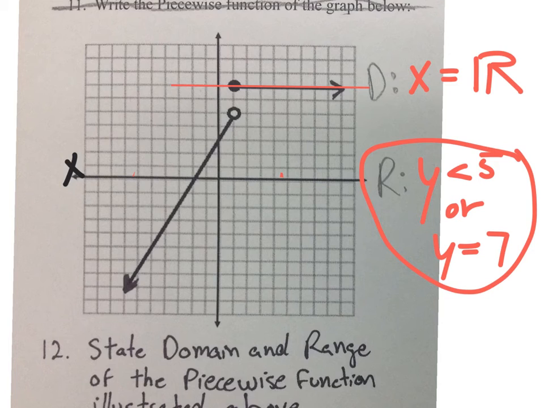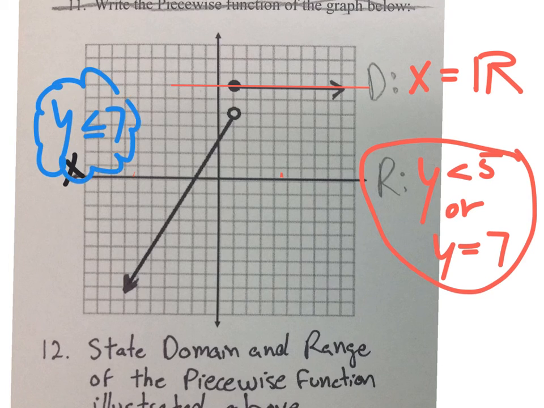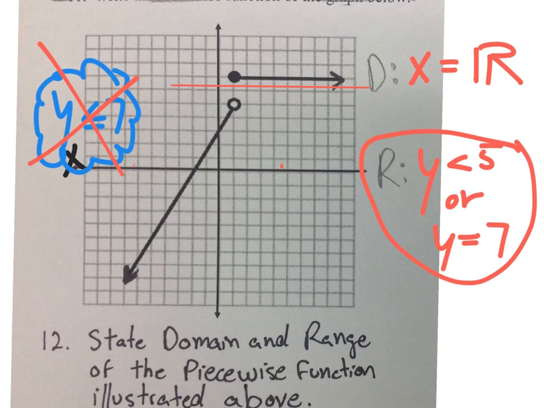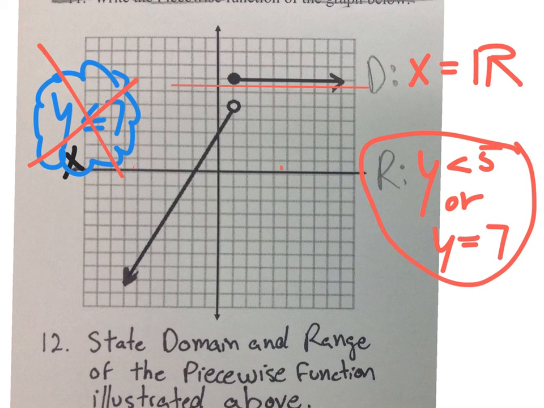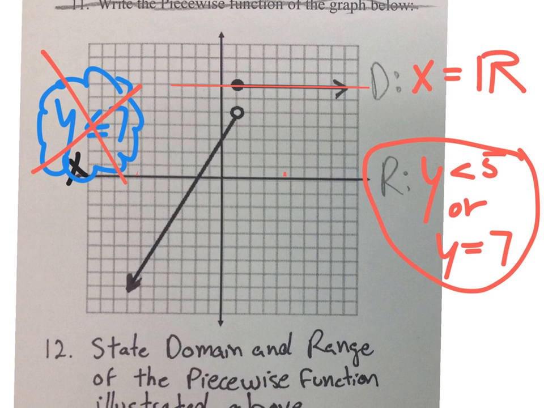Now, some of us are thinking, well, why can't I just say y is less than or equal to 7? And the fact is, that's wrong. Why? Because if I say y is less than or equal to 7, I lose my ability to move that line.